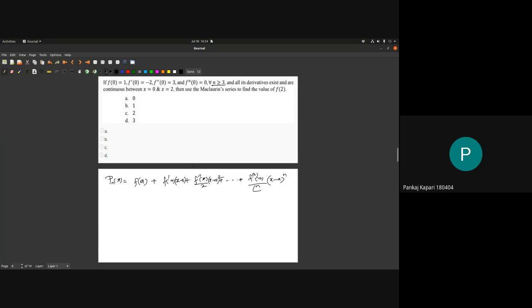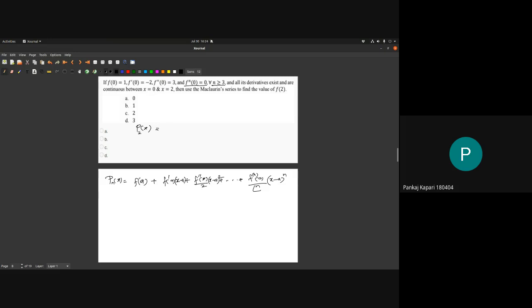So for this particular problem, what does the Taylor's polynomial come out to be? Let's write this polynomial p of x. Now you can see that the nth derivative of this function takes value 0 at 0 for every n greater than or equal to 3. That means we will get only the first 2 or 3 terms, right?